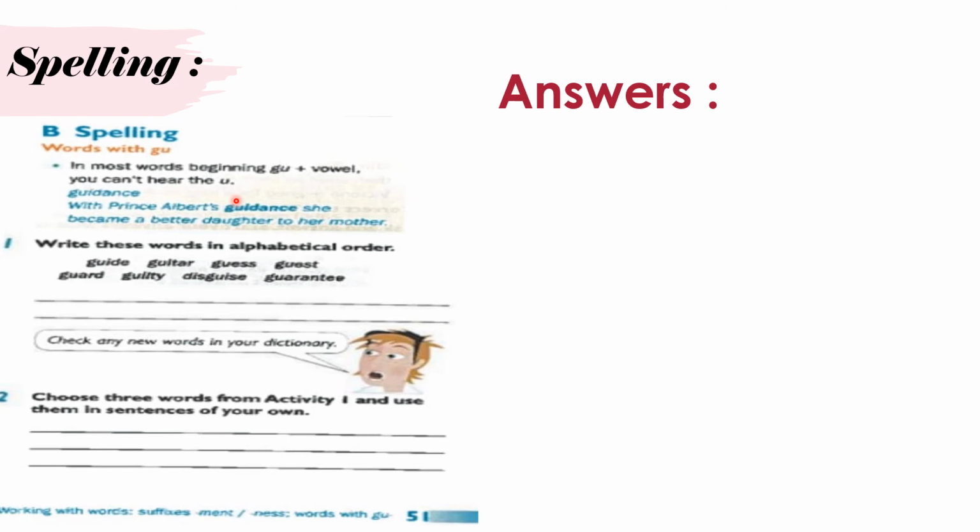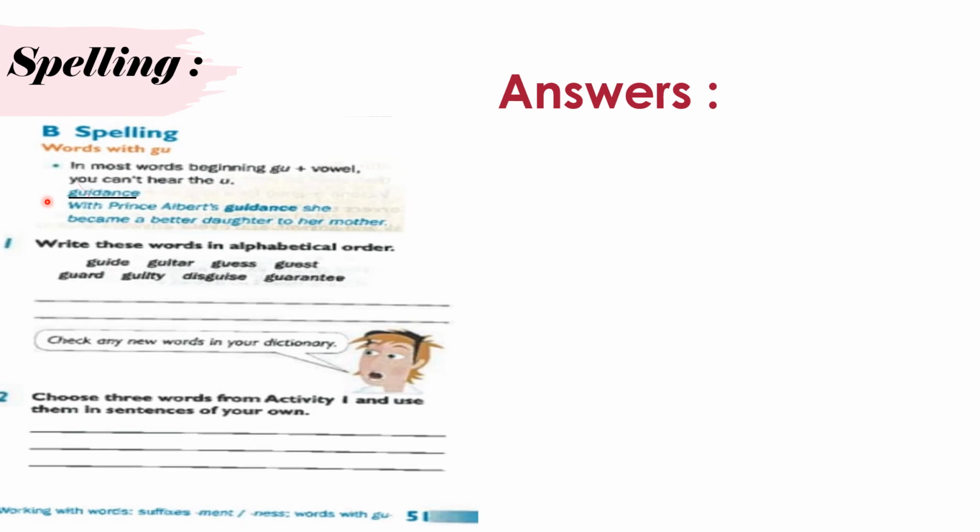What do we mean by that? In words which start with GU plus a vowel sound, the U is silent, we don't pronounce the U. Like what? Guidance. In this word, we have U, and after U, we have I. This is a vowel sound, so U is silent, we don't pronounce it.